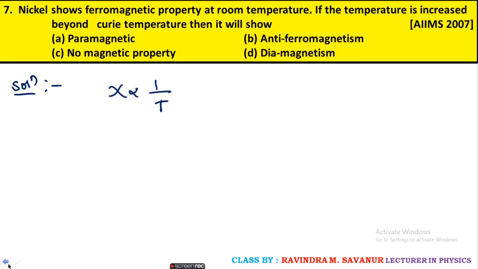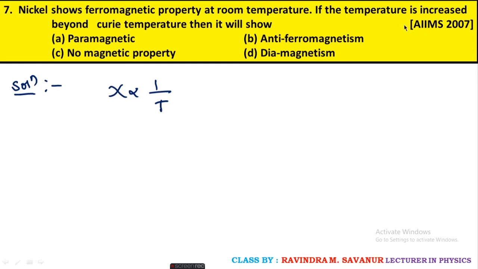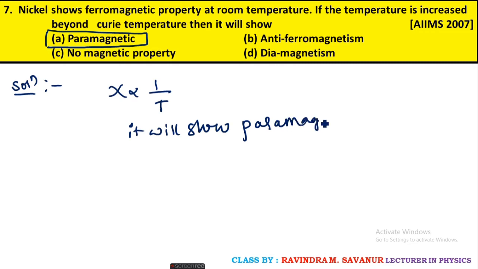As we discussed in the previous problem, above Curie temperature, ferromagnetic becomes what? Paramagnetic. Here also, the temperature increased beyond the Curie temperature, then it will show paramagnetic material. Answer is para. From Curie law, it will show paramagnetic property.